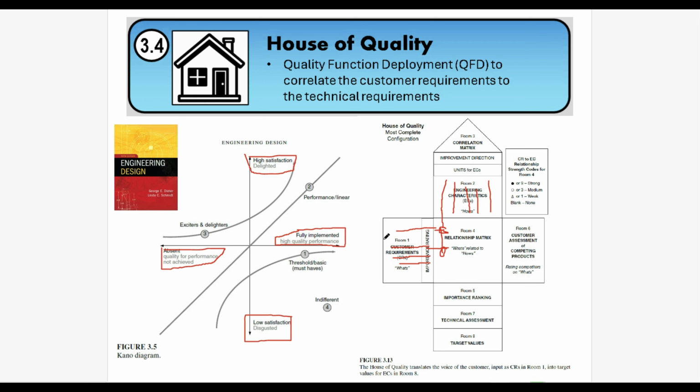And some requirements that you have in control of are the exciters. So let's take an autonomous driving car, for example, a car that drives itself. Now, what is an exciter here that falls under line number 3 is that the car can actually drive itself and has the proper software.